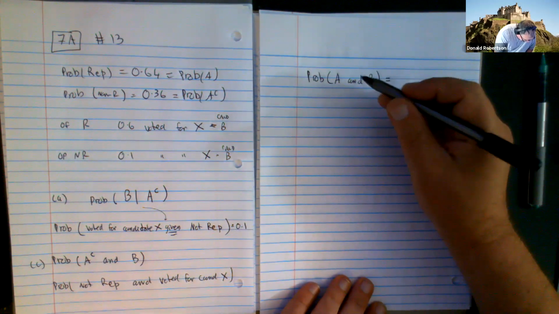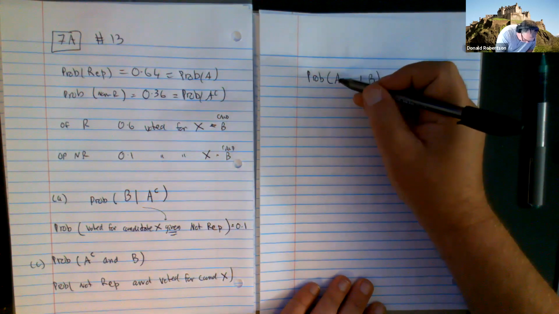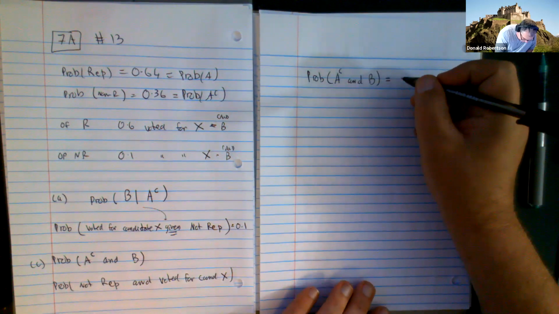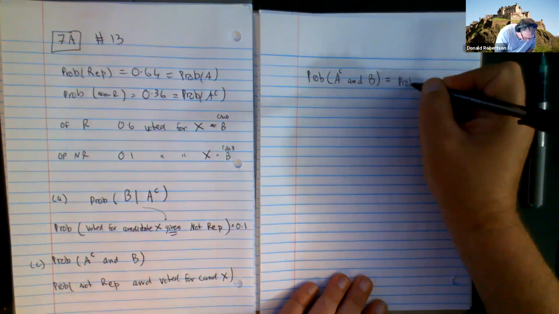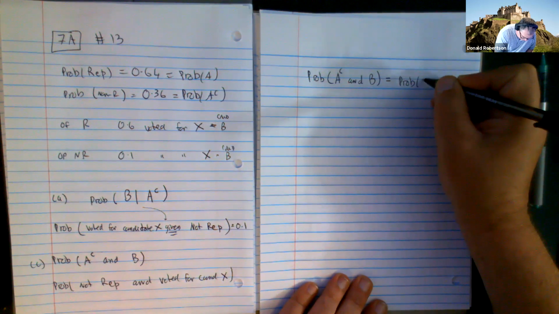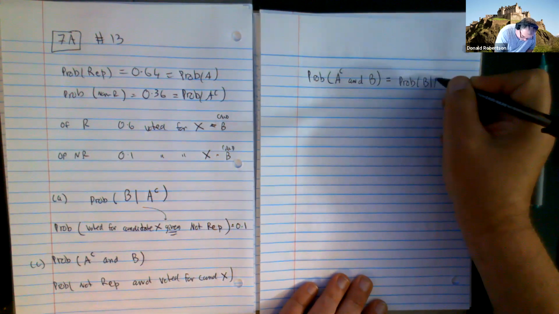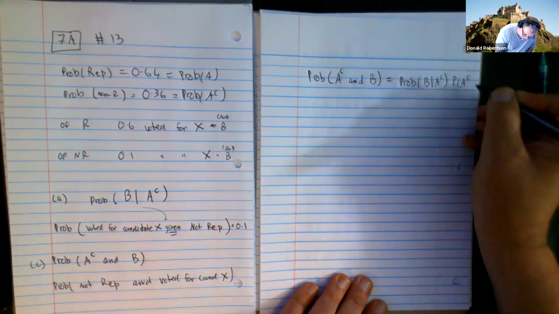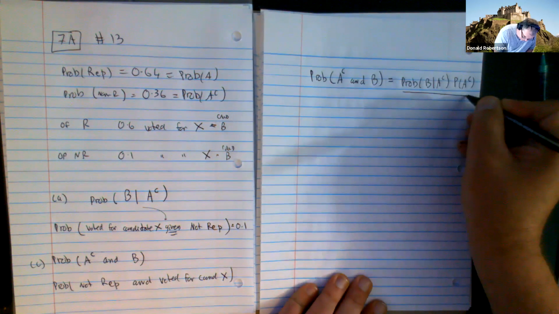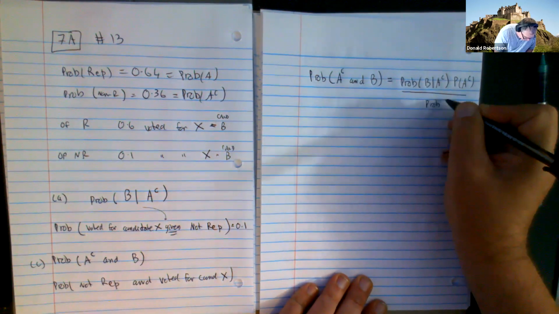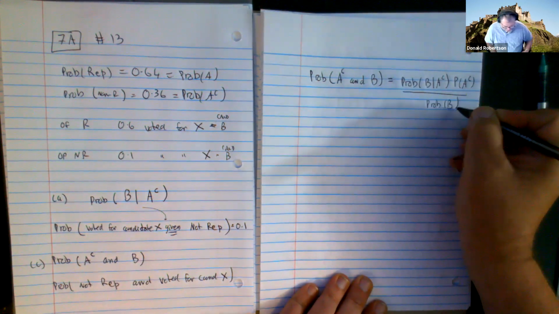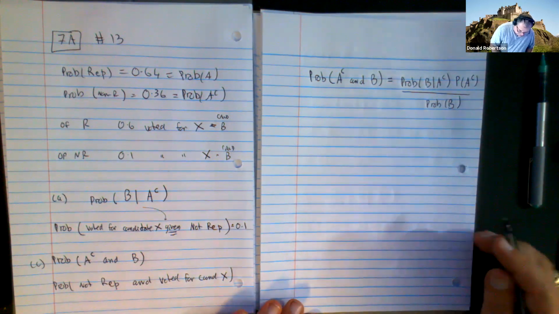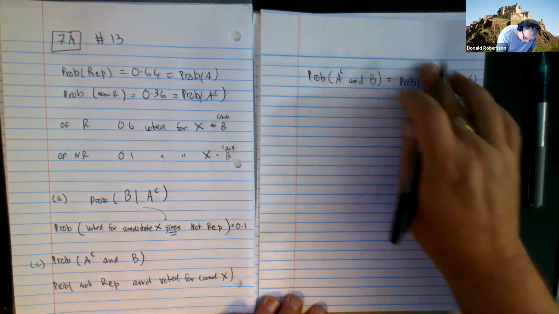So the probability that you have A complement and B, you can find by getting the probability of B given A complement multiplied by the probability of A complement, divided by the probability of B. So this is called Bayes' theorem.